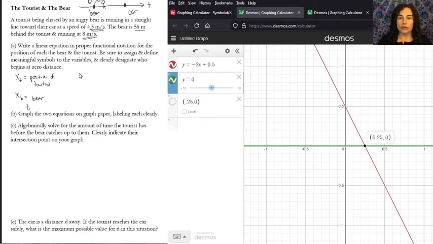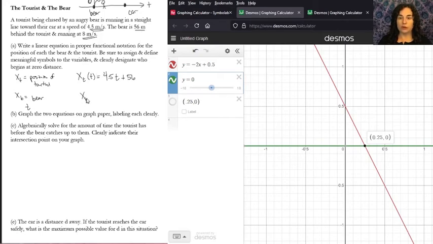So when I think about the position of the tourist from the origin here, from the bear, okay, the position of the tourist as a function of time is going to equal 4.5 times time plus 56. He's 56 meters ahead of the bear.